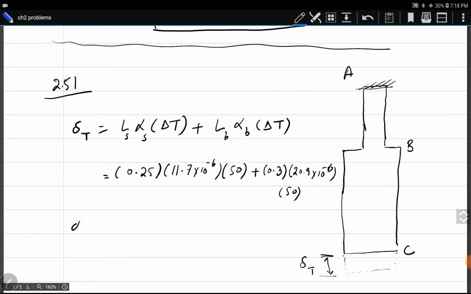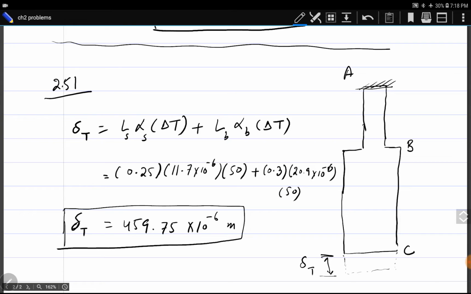So the change in length due to temperature, delta T, becomes 459.75 into 10 power minus 6 meters.